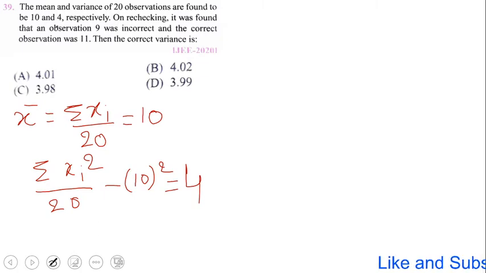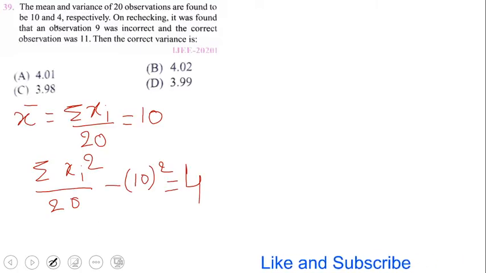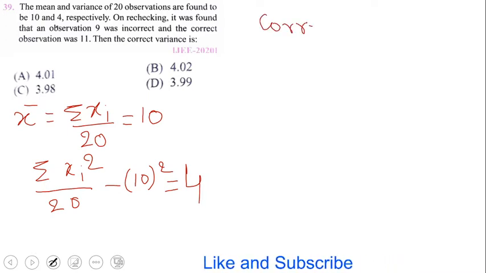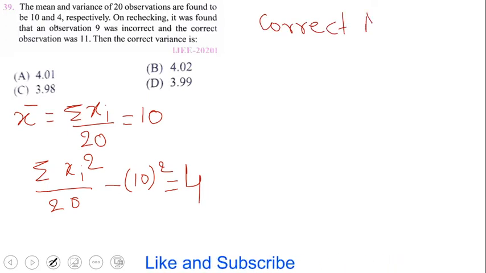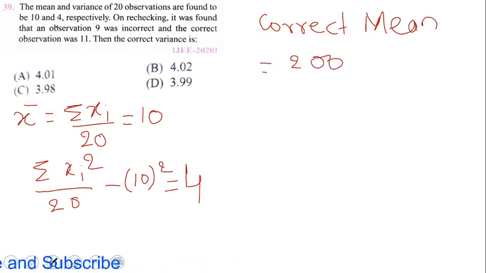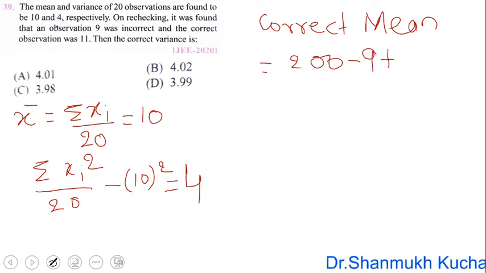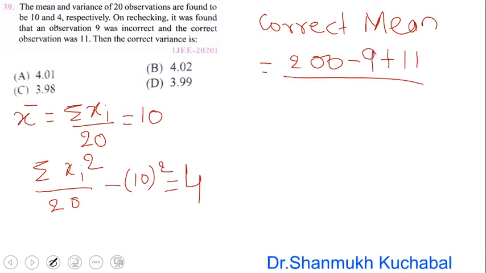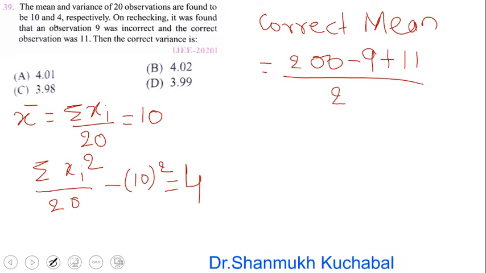So the correct mean we will calculate. The correct mean is equal to 200, minus the wrong, incorrect one we have to subtract, and the correct one we have to add, and in total we have 20 observations.